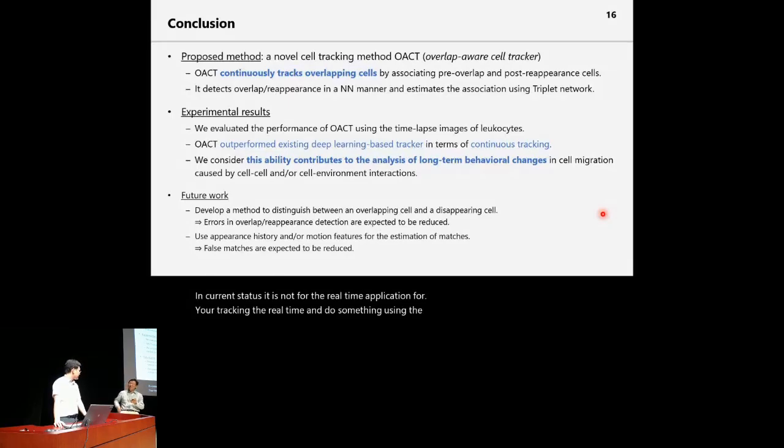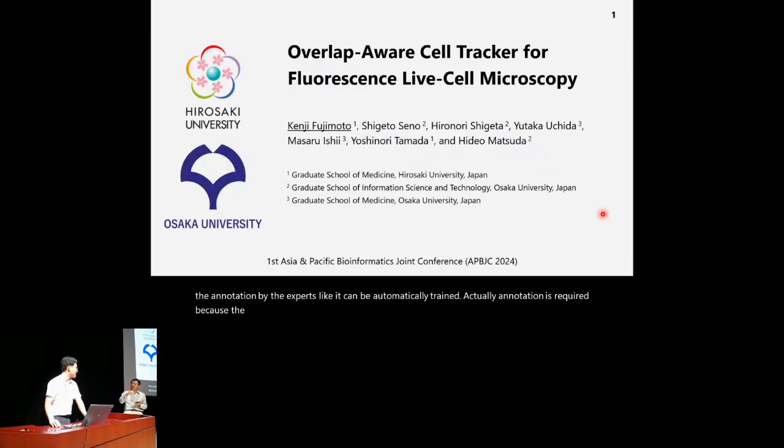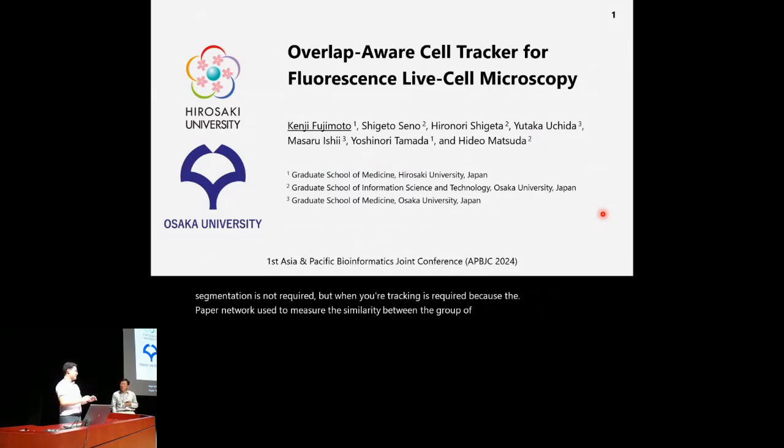So your model does not require annotation by experts, like it can be automatically trained? Actually, annotation is required. Manual segmentation is not required, but manual tracking is required, because the triplet network used to measure the similarity between the groups of cells is trained using the information that this cell and this cell are the same cell and these images are different.